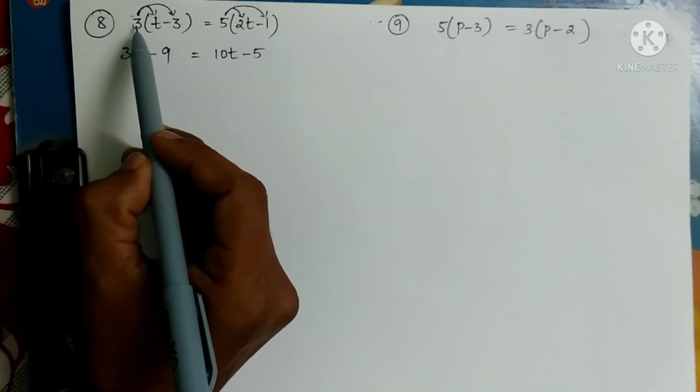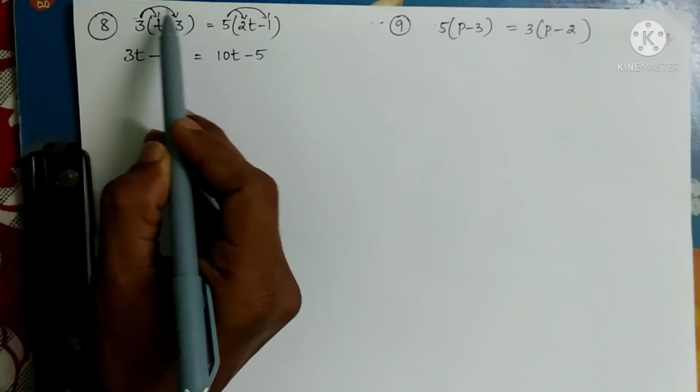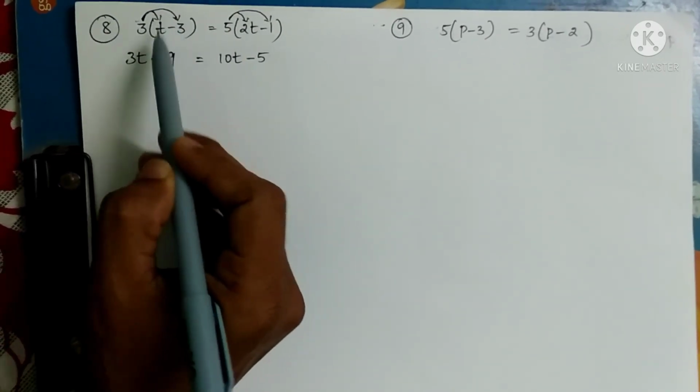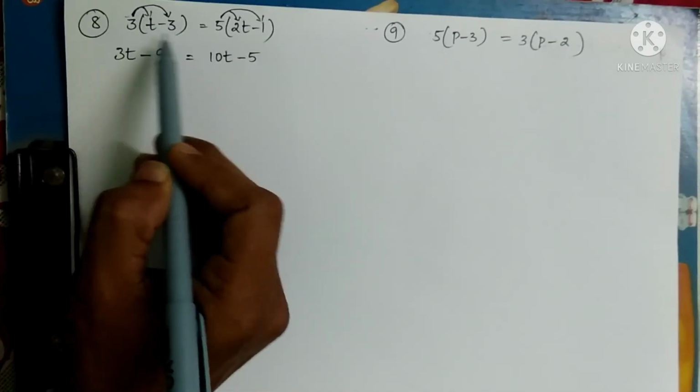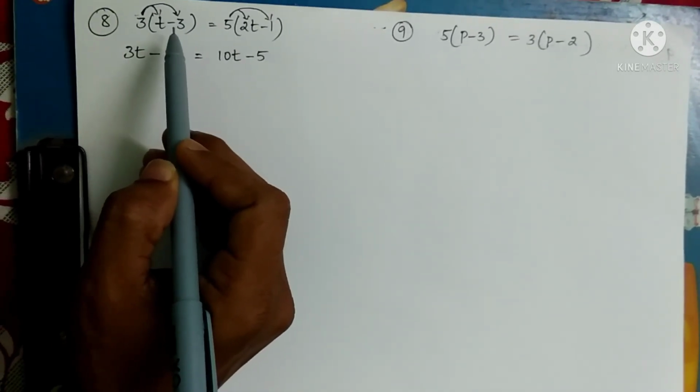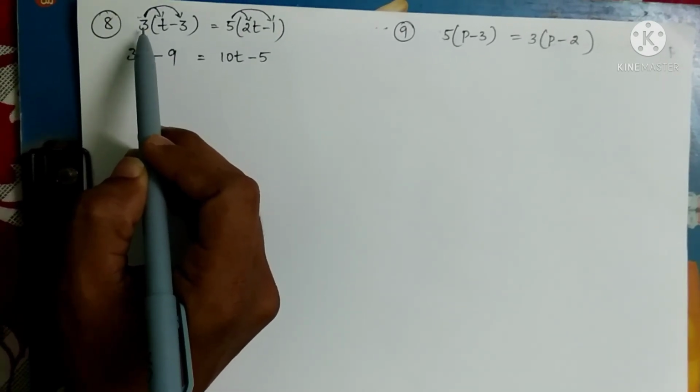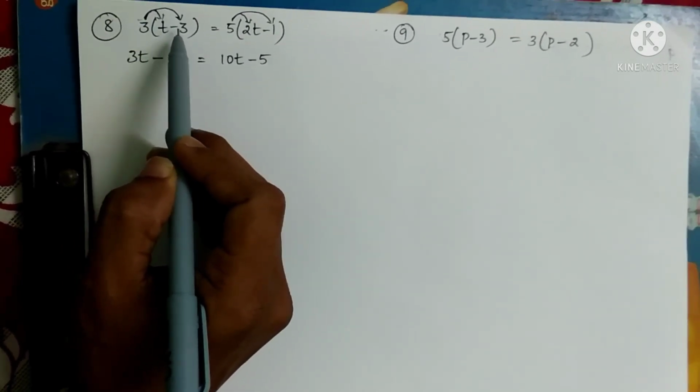As we know, here we are multiplying 3 by a binomial. 3 is a single term and t minus 3 is a binomial. Now we have to multiply 3 into t minus 3.